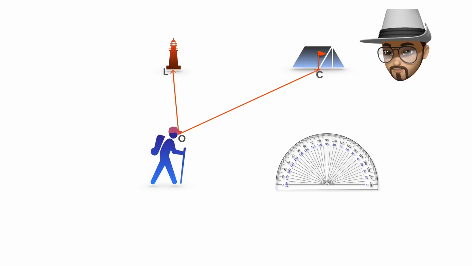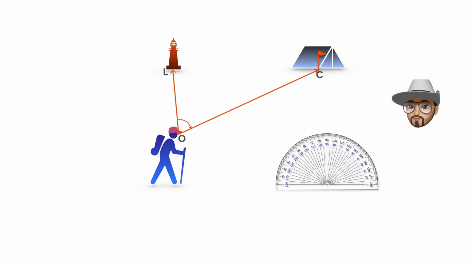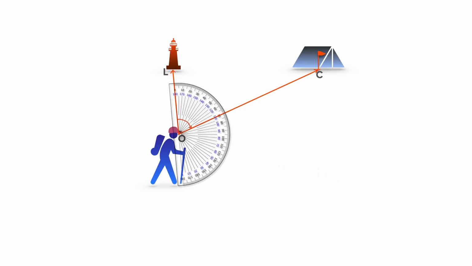Now you have 3 points: the base station O, the lighthouse L, and the camp C. Now we have the angle LOC, which will be a horizontal angle, as all the lines are drawn at eye level. Now let's measure the angle LOC by taking the line OL as the reference line, as already decided.